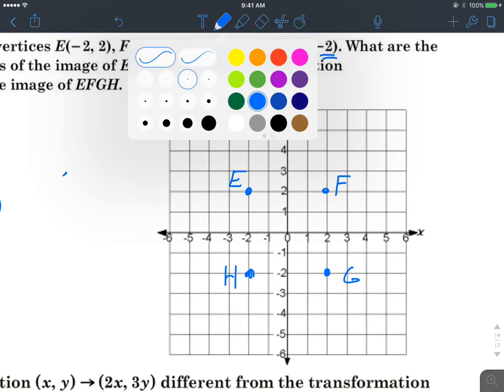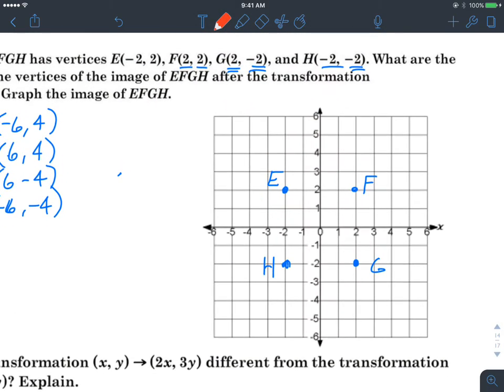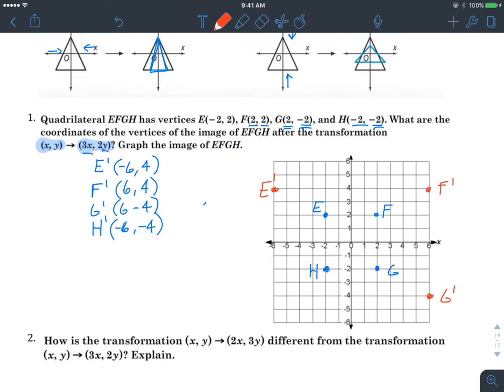So there's your points. If I plot my new ones, you got -6, 4. So there's E prime. You have 6, 4. There is F prime, G prime, and then H prime.